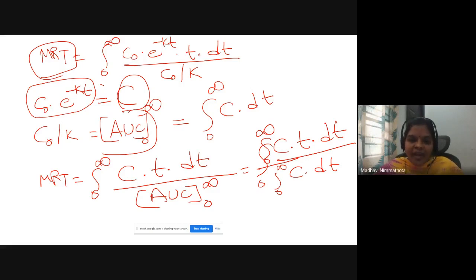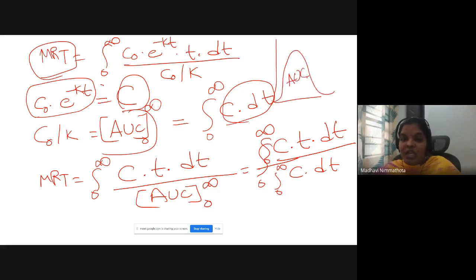So why do we write C into dt instead of writing AUC? What do you mean by AUC? Your AUC gives you the total available area of your drug concentration. Here we are taking concentration and here we are taking time. So this AUC gives you the information about total available drug concentration in the plasma.